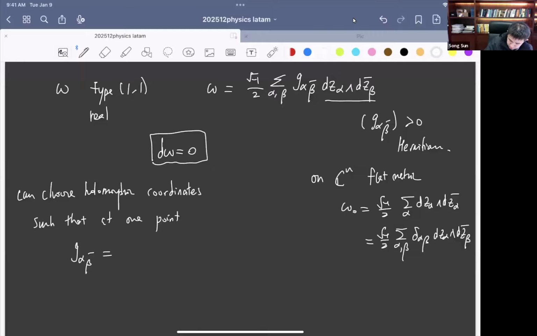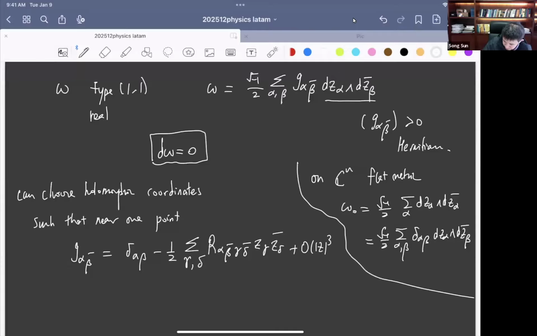Near that point it is standard up to first order: delta alpha beta, and then a second order term, which depends on alpha beta and has two more indices: 1/2 sum over gamma, delta of R alpha beta-bar gamma delta-bar z gamma z delta-bar, plus third order.